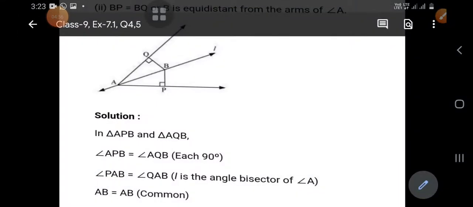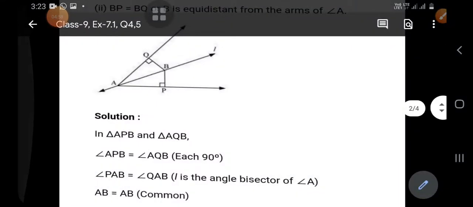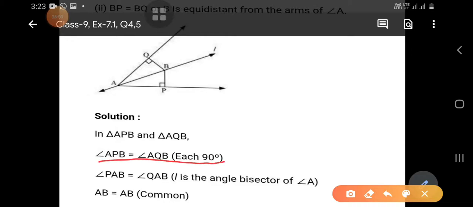Look at here. Now the L is the angle bisector. So this angle and this angle, as this is the angle bisector, it will divide angle A in equal parts. So if it will be x, then it will be x. Then we can say that the angle PAB is equal to angle QAB.